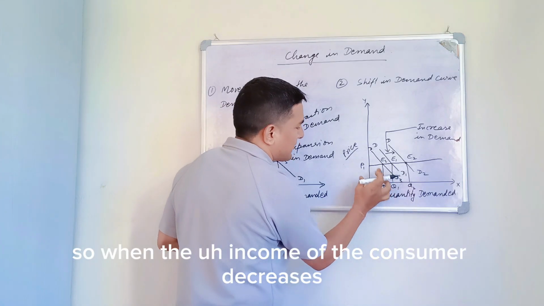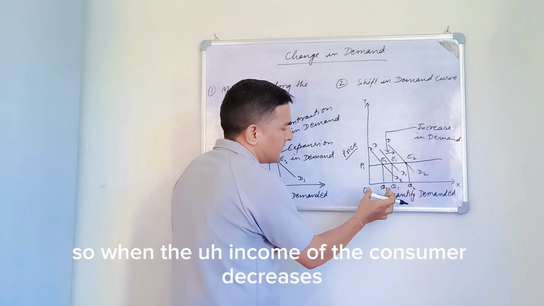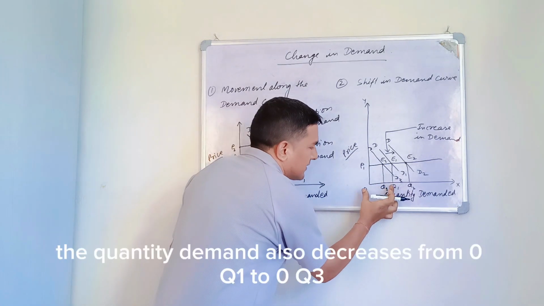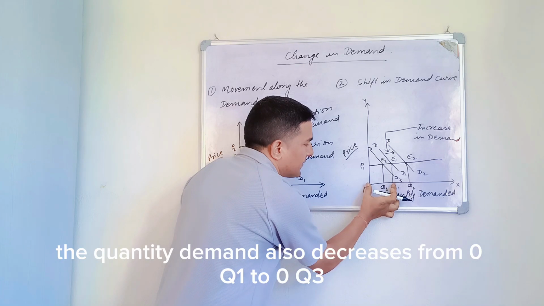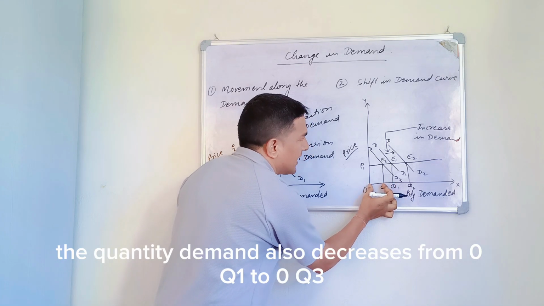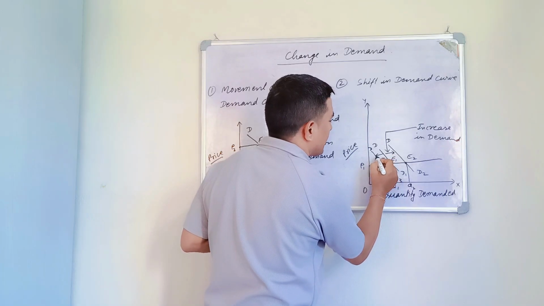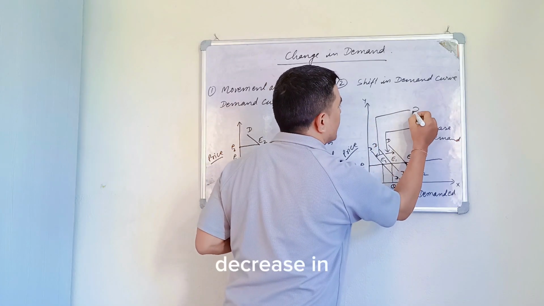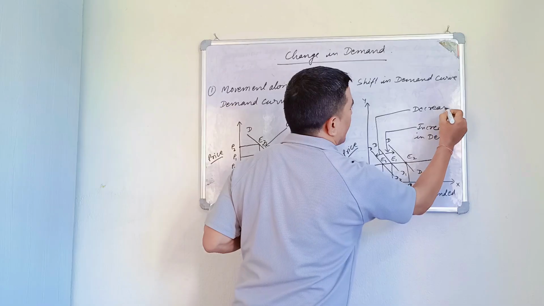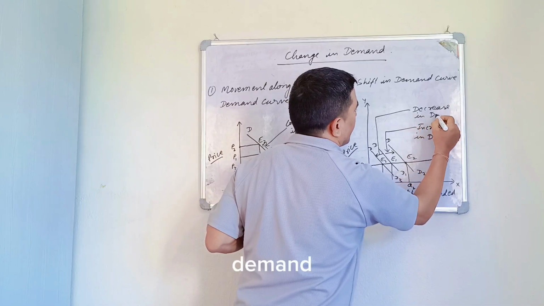So when the income of the consumer decreases, which is the non-price factor, the quantity demanded also decreases from OQ1 to OQ3, and it is called the decrease in demand.